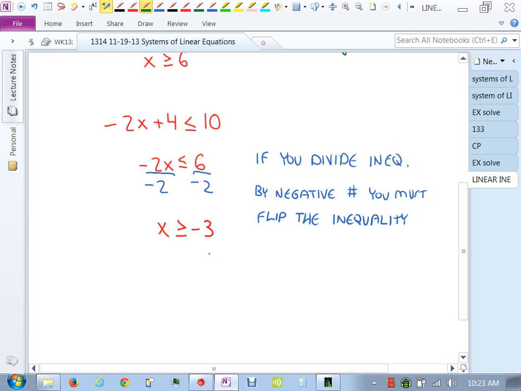So this would look like, on a number line, if this is 0, here's -3, it would be everything where? Which side? Right side. To the right. And do we include -3? Yes, so solid dot, everything out here.